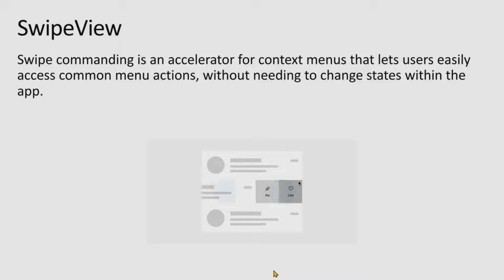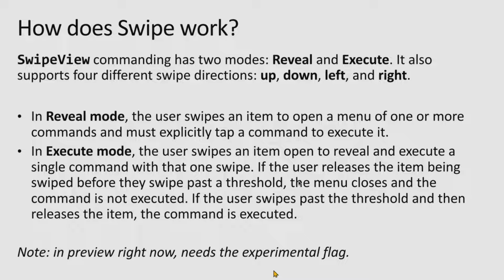Now we have an option to, in a list of items, for example, access and execute a specific action in one of the items. For that, we are allowing a swipe commanding without needing to change the state of the app. To do that, we introduce the swipe view.